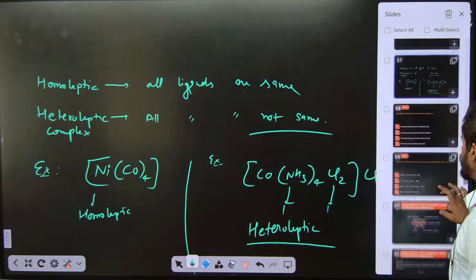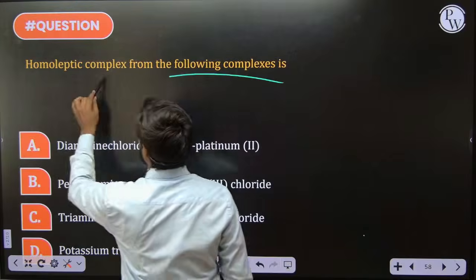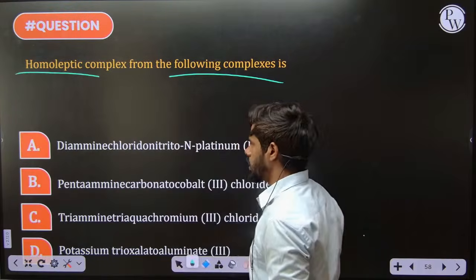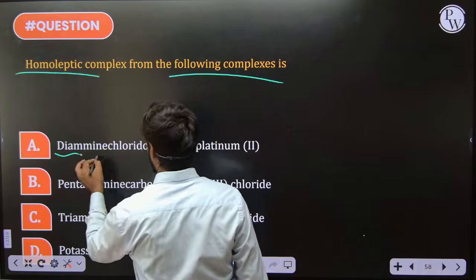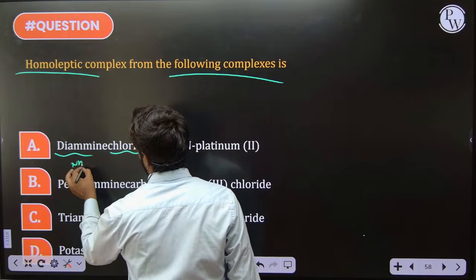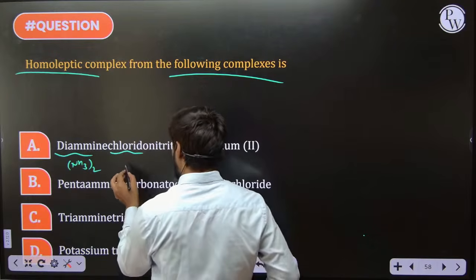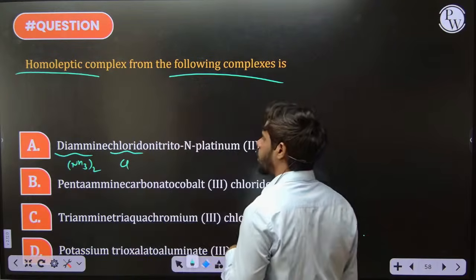Okay, so this question is asking for a homoleptic complex from the following options. In the first option, diamminechlorido, two ammine and one chlorido are there, so there are different types of ligands.